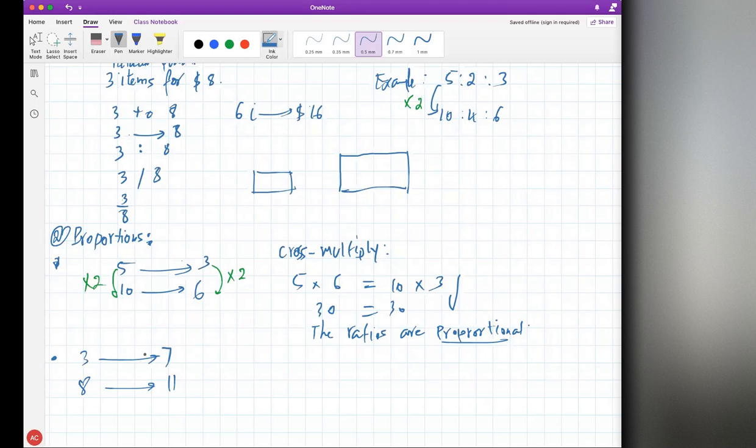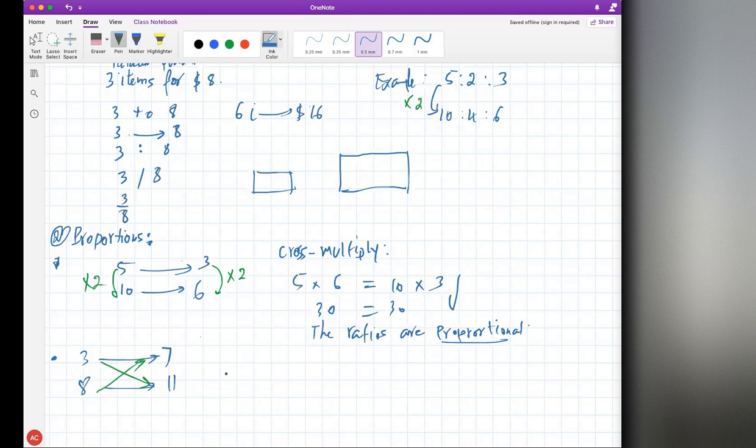We don't know yet. These are two ratios. We don't know if they're related, if they're proportional. It means one of them is based on the other. So to find out, what do you do again to find out whether these two are proportional or not? Cross multiply. That's right. So we're gonna multiply this way. We're gonna see if that's equal to the multiplication this way.